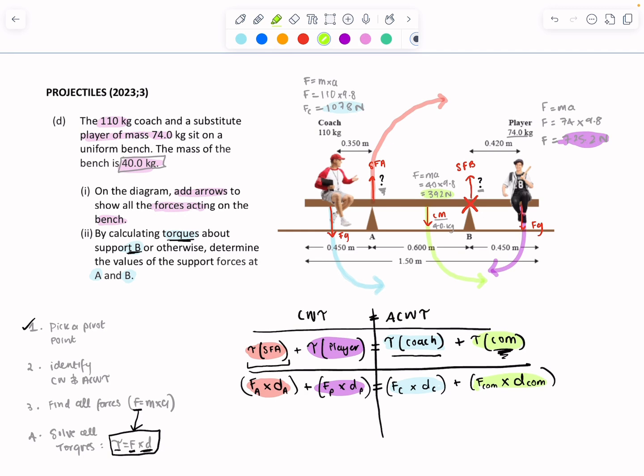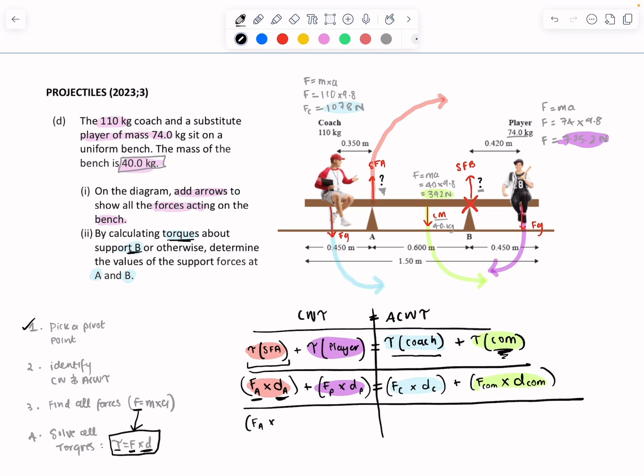All right, so now that we've got our variables, all we have to do is plug in the numbers into everything, okay? So let's go ahead and do that, starting with our clockwise torque. So the force of support force A is unknown, so it's going to remain as FA. But do we know the distance of support force A from our pivot point?